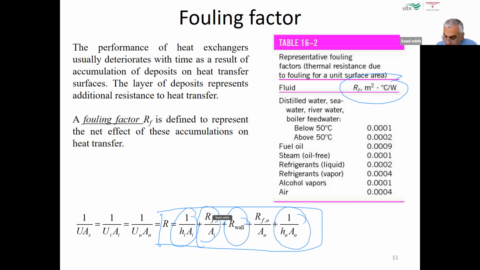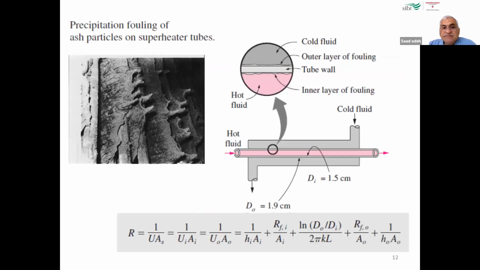So this is inside, this is the outside. We added them to the thermal resistance equation, and we get the total thermal resistance, including the fouling effect. Right.